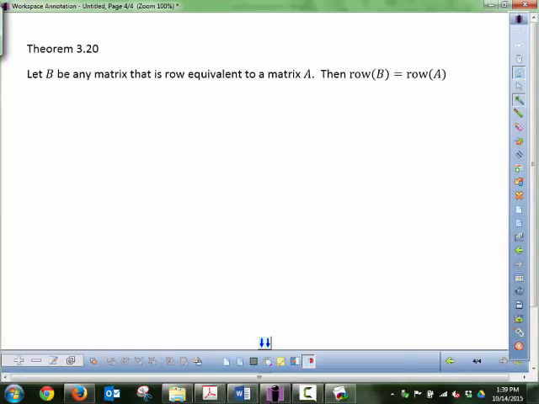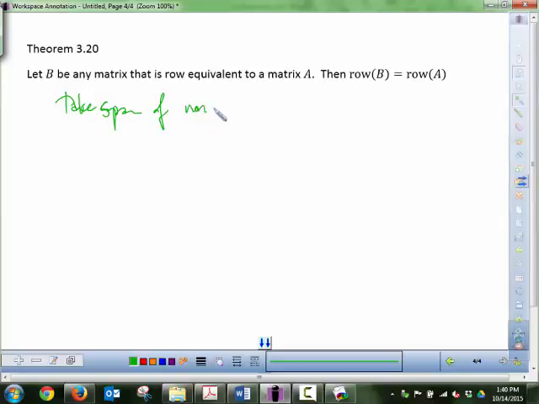So you could take the span of the non-zero rows of the reduced matrix.